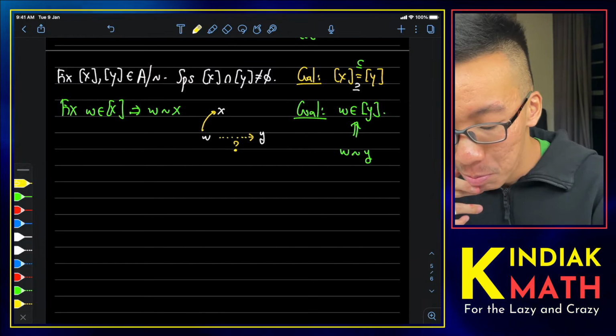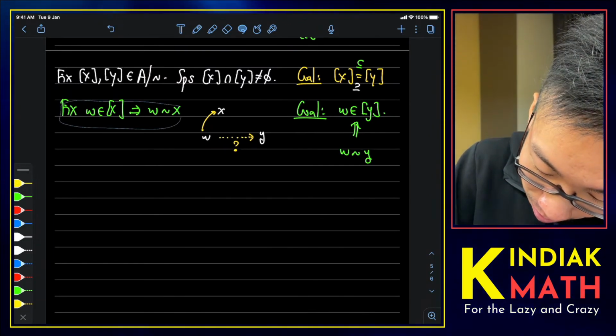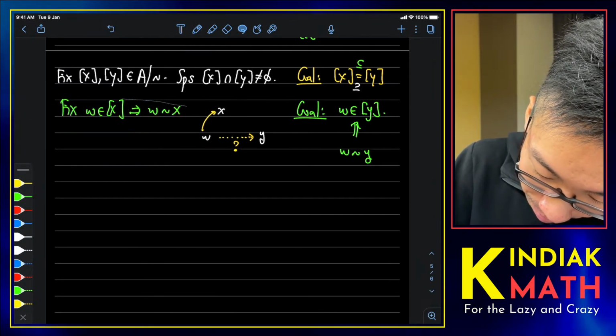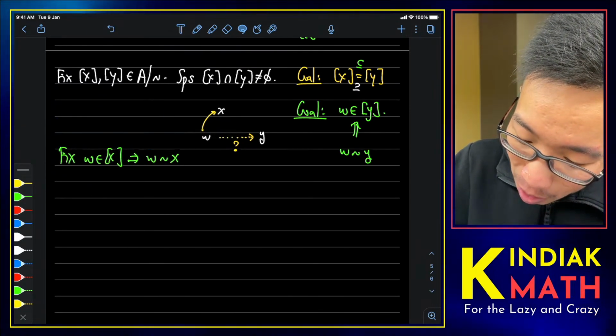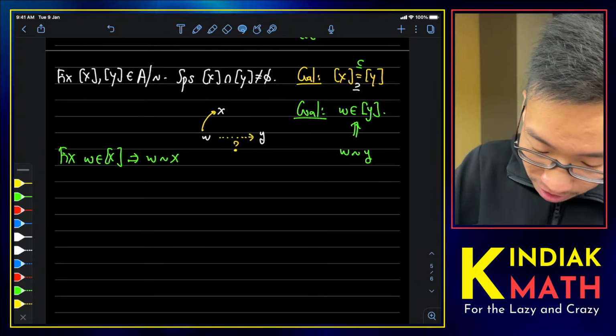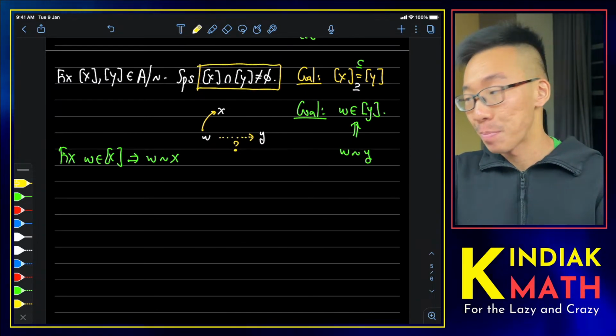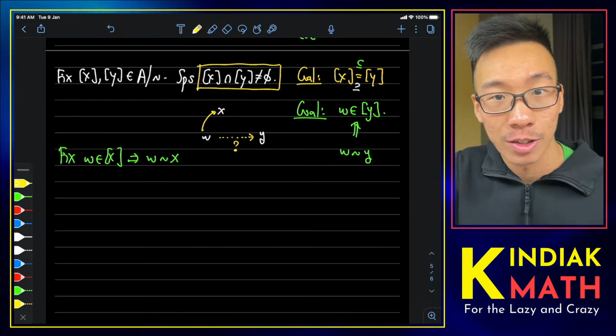And at this point in time, we probably get stuck. It's actually not entirely obvious how we ought to continue at the moment. And this is where we need to ask the question, what have we not used? If we think about it really hard, we have not actually taken advantage of the fact that these two sets are non-empty.